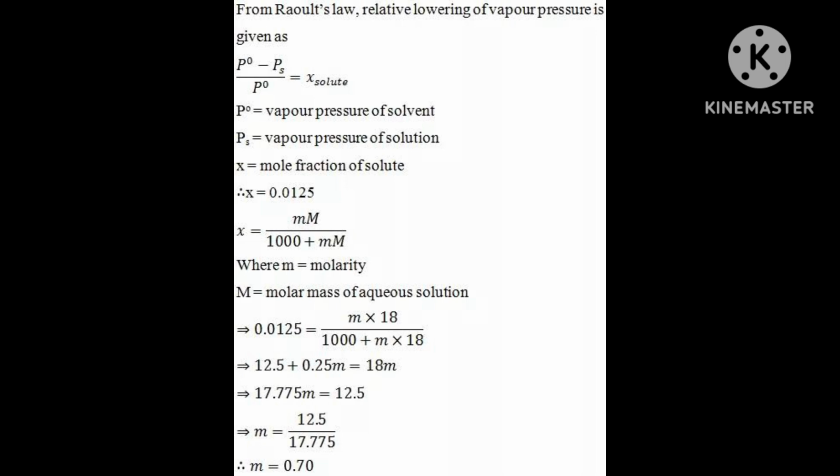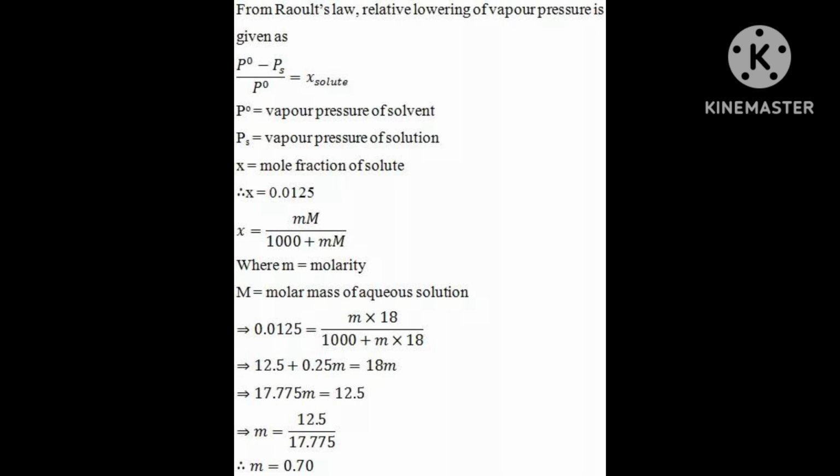Now we put the values in the formula. You will get 0.850 minus 0.845, divided by 0.850. This is the relative lowering of vapor pressure, and that is equal to, now except M2, the molecular mass of solute, all things are given. W2 is given, 0.5 gram.